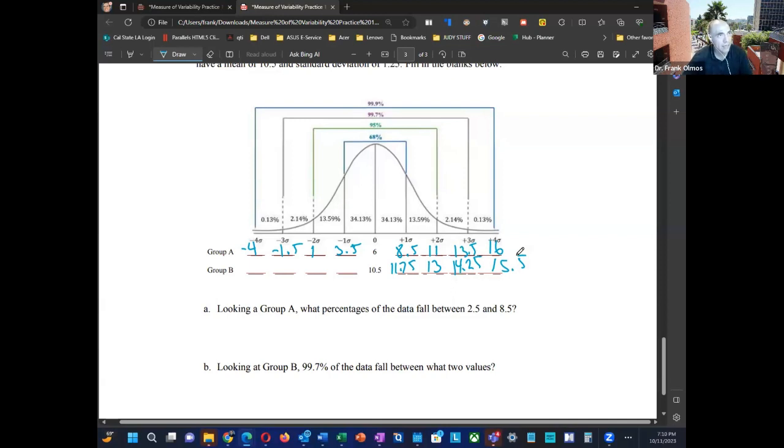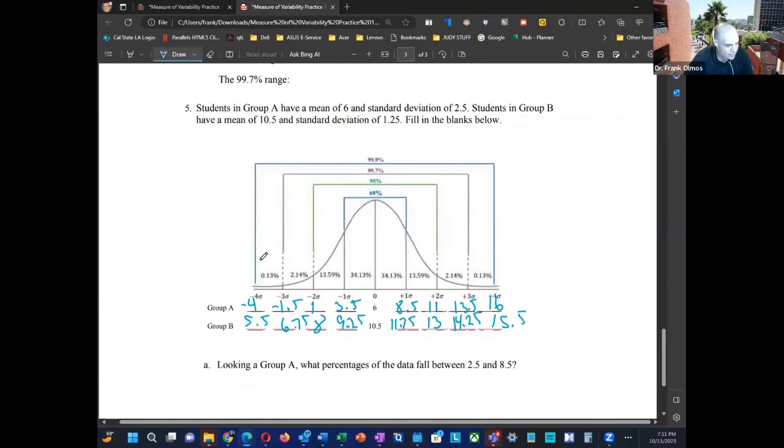And then on this one, I'm going to subtract 1.25 from the mean, 10, and you get 8.75. Then subtract another one, you get 7.5. You subtract it again, 6.25, and then you subtract it again, you get 5.